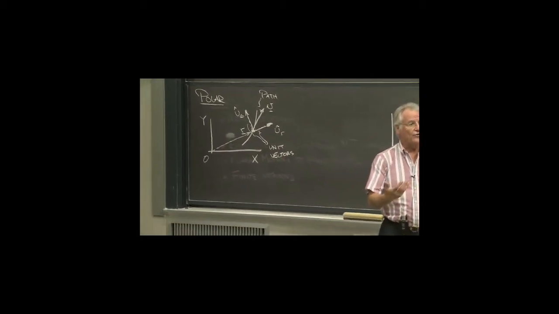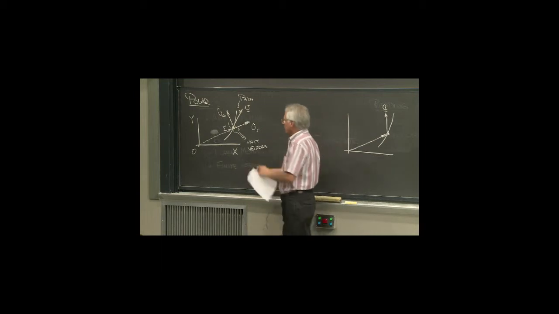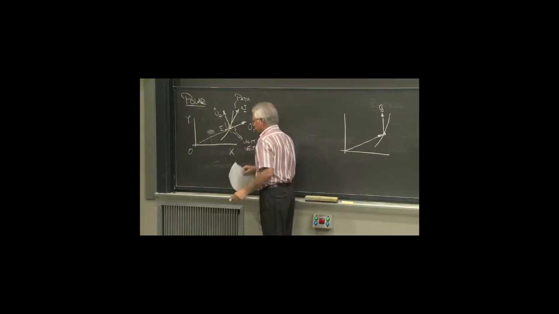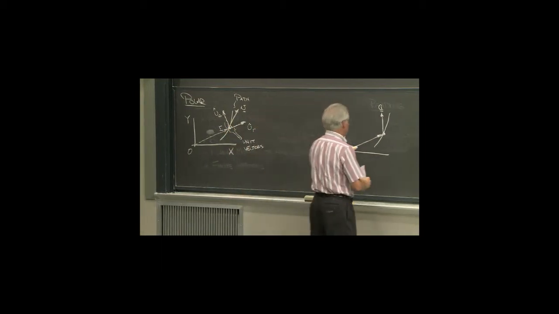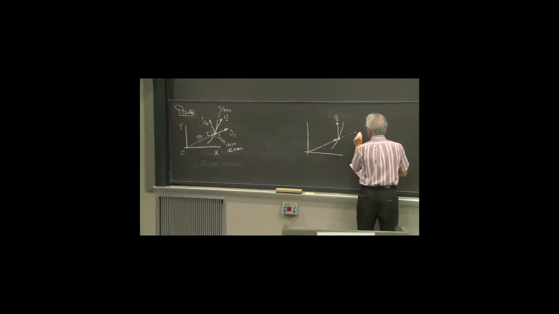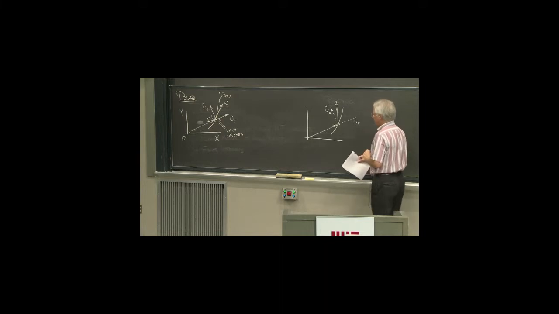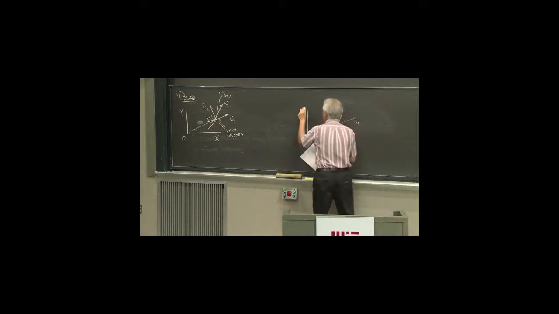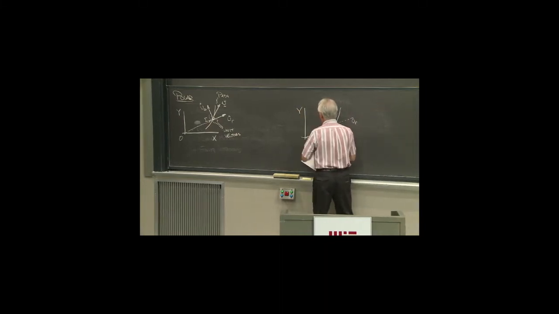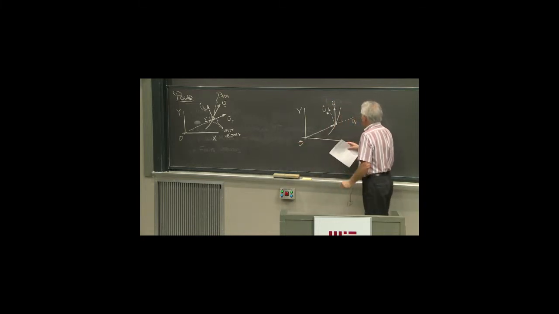So it's called u sub r hat, and perpendicular to it is u sub theta hat, and we do that as well for the acceleration. This is u sub r hat, and this is u sub theta hat. Once again, this is x, and this is y. And these are our unit vectors now.